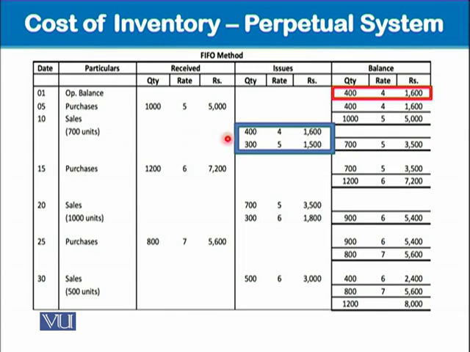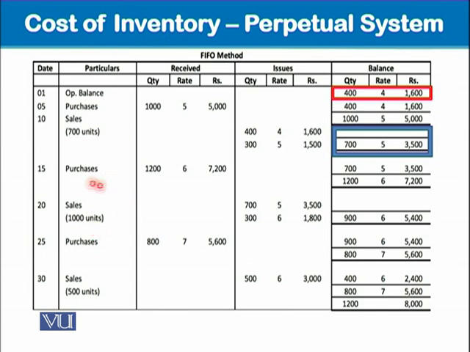Since we are following first in, first out, 400 will be taken from the first lot, and to make it equal to 700, 300 will be taken from the lot of 1,000 at the rate of 5 each. So 400 altogether gone, and 300 at the rate 5 is 1,500. The balance left out of this 1,000 is 700 at the rate 5, and the total amount 700 times 5 is equal to 3,500. This is the balance we have with us now.